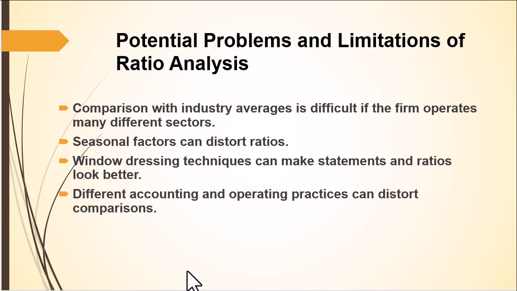Window dressing techniques can mess us up. So what's window dressing? We talked about the current ratio where you might have to have a 2.0, right? So if you don't have 2.0, I'm not even going to look at your work. So what you might do is say, okay, what if I go out and I borrow long-term and pay off some of my short-term debt?